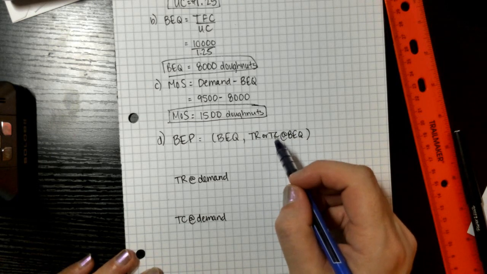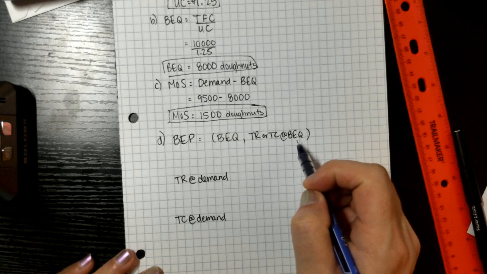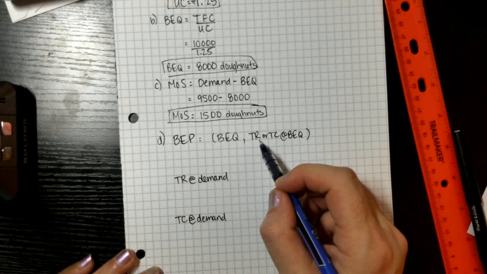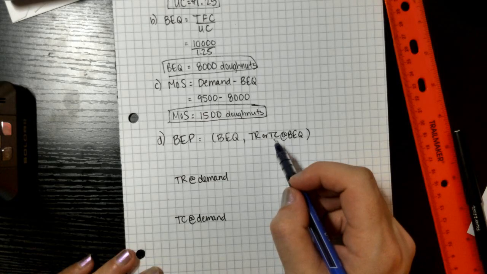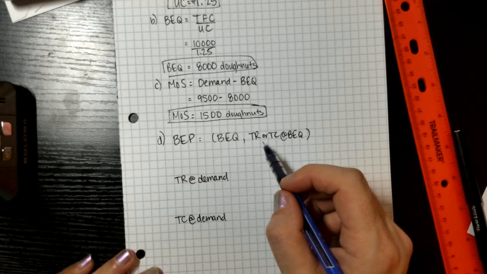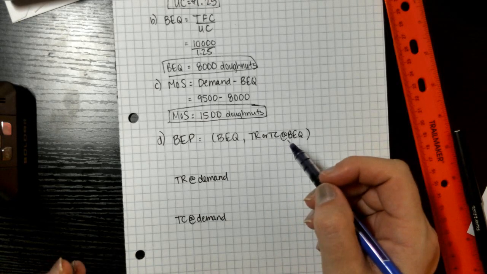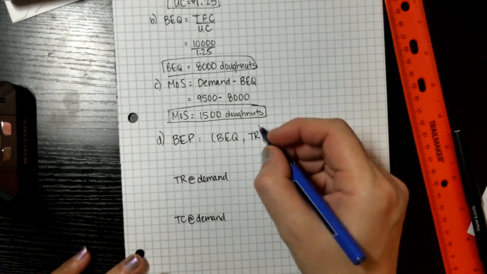Whichever one you decide to calculate, you're just going to replace Q with the break-even quantity. And it says total revenue or total cost because they should be equal at break-even, so you shouldn't need to calculate both.